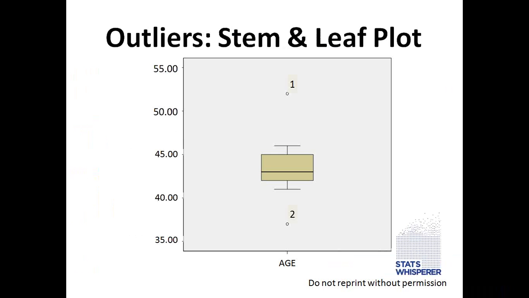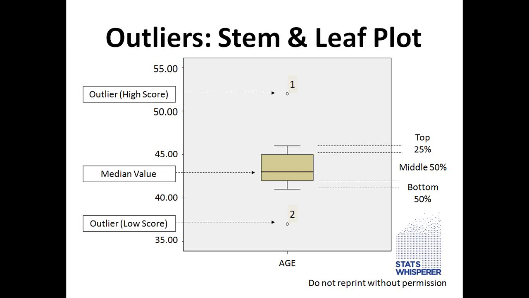What the stem and leaf presents is that cases 1 and 2 are outliers, right? That's what the plot looks like. If we dissect it a little, the scores are on the left here, and the high outlier is way above.